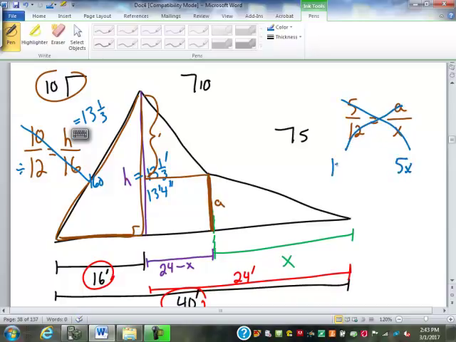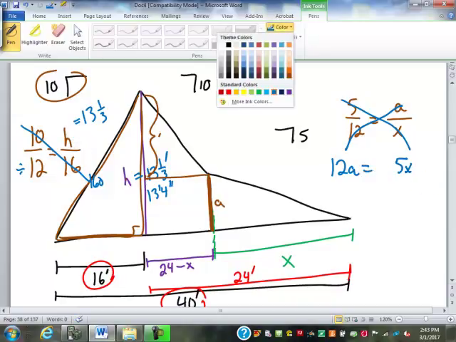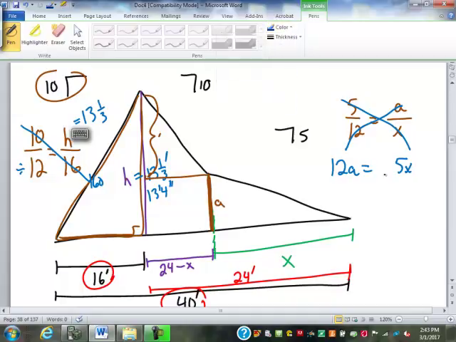A times 12 is 12A. That equals 5X. I'm going to solve this for A by dividing by 12. So A equals 5/12 x, is that height.